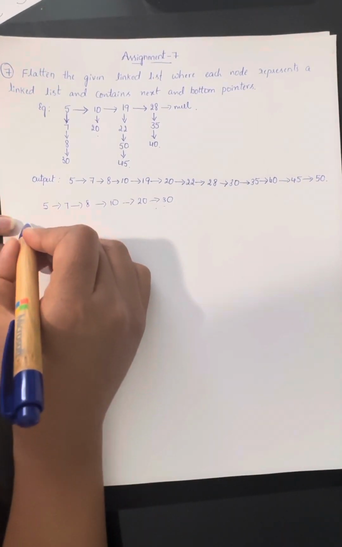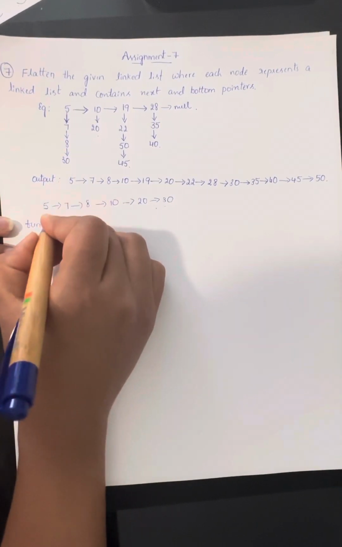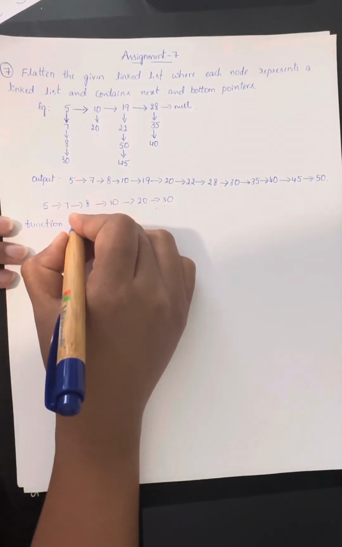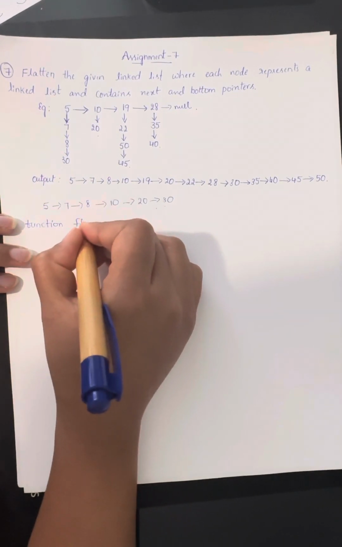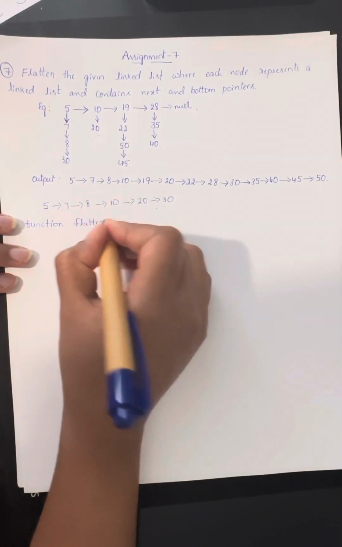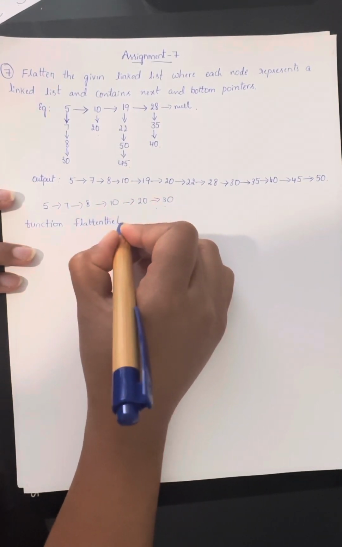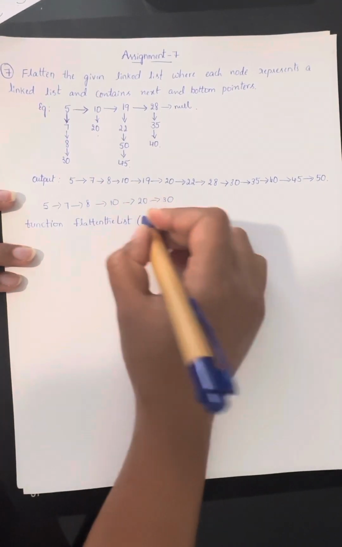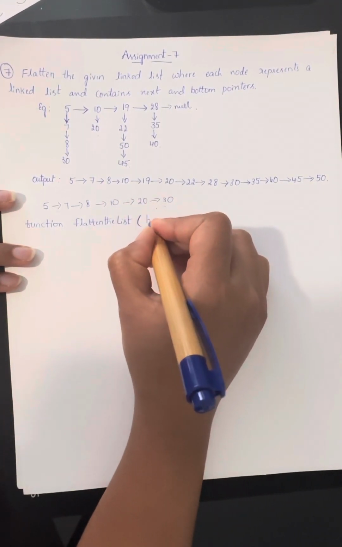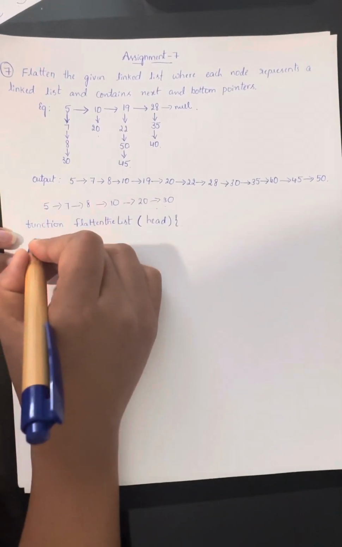So I'm going to start writing the code. Function, let's name it flatten the list, and the parameter for this will be head.